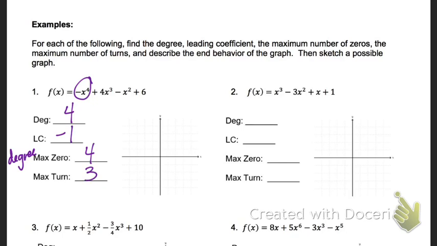So the first thing I do when I sketch my possible graph is the end behavior. So the degree, is it odd or even? And then my leading coefficient, is it positive or negative? Negative. So that means that they are both going down. So I'm going to put 2 arrows like this.